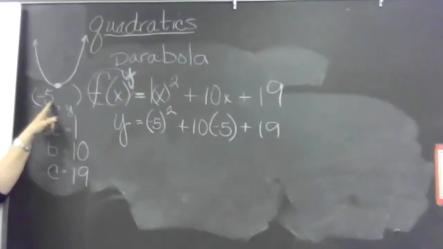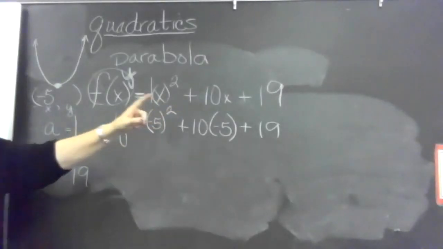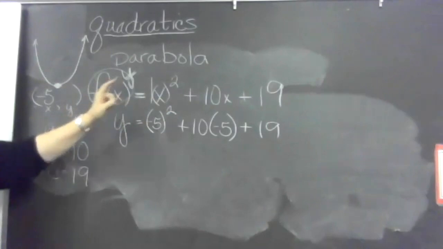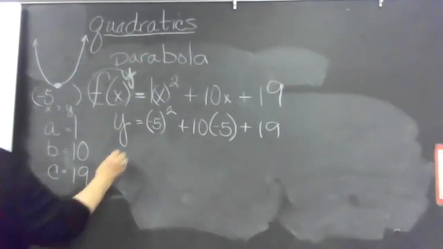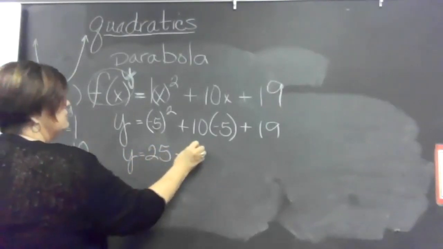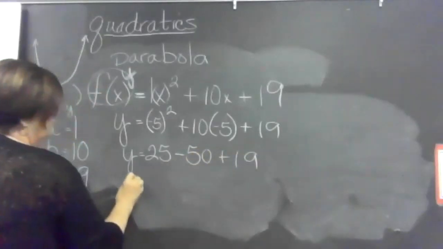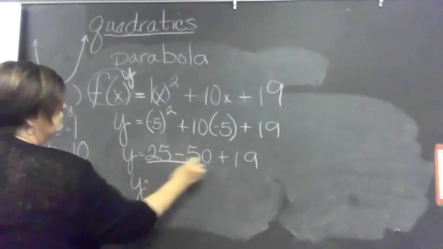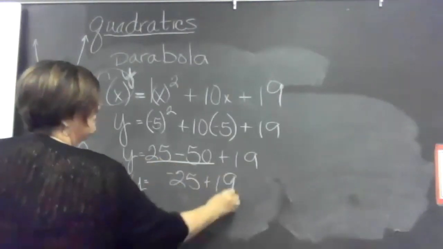We had found out that x is negative 5. Now we're plugging that negative 5 that is x into all the x's so that I can find y. Okay, so y is going to be equal to 25 minus 50 plus 19. So y equals negative 25 plus 19.